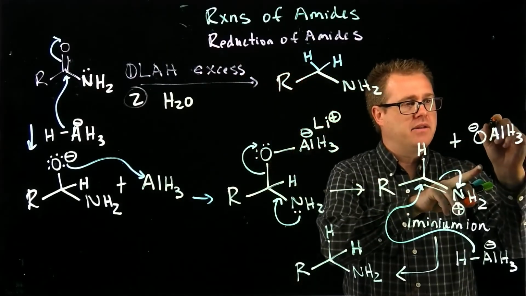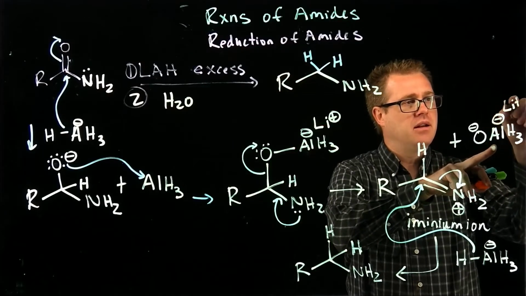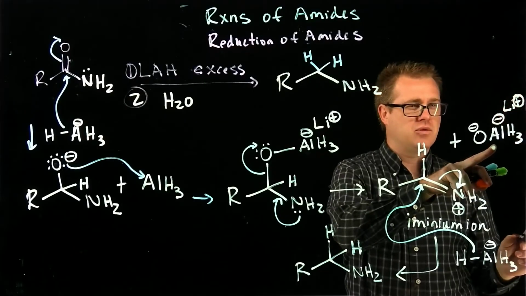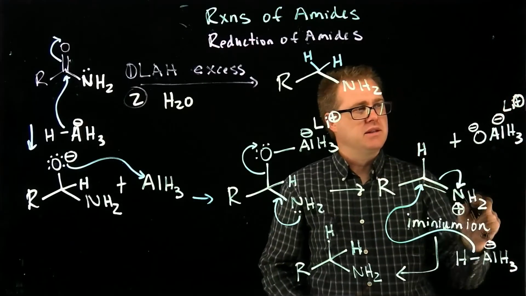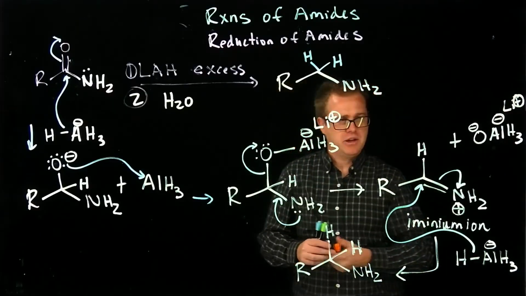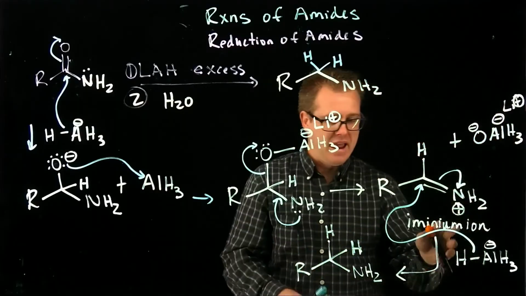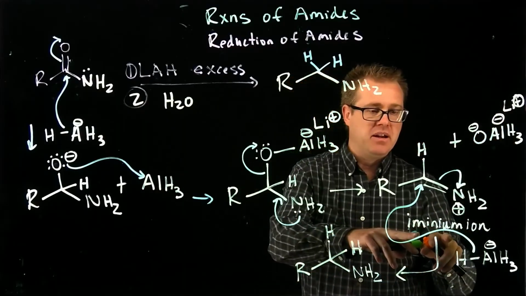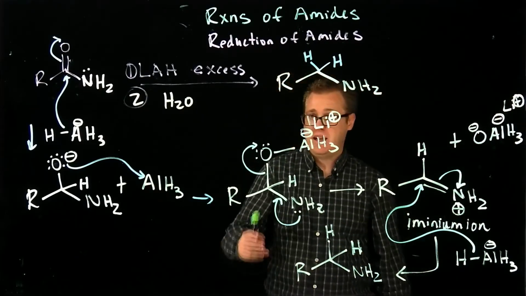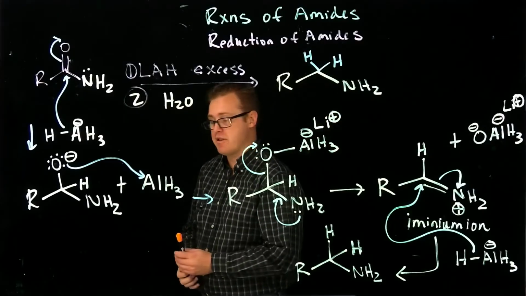So we have the negative charge still on aluminum, but you have the lithium right next to it as well. And so that's what the species looks like. But the main part, you don't need to worry too much about that, as long as you understand that we go from the aminium ion to our amine. And we need at least 2 equivalents of the lithium aluminum hydride to make that transformation happen.